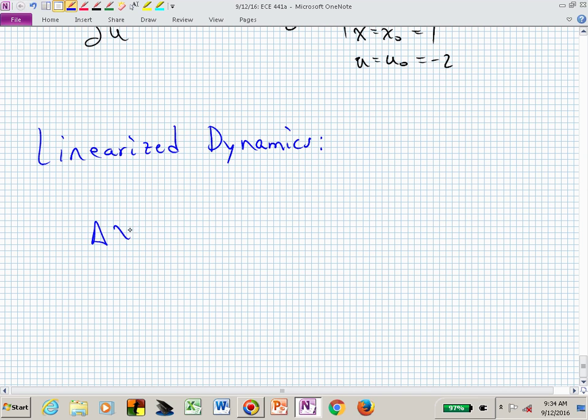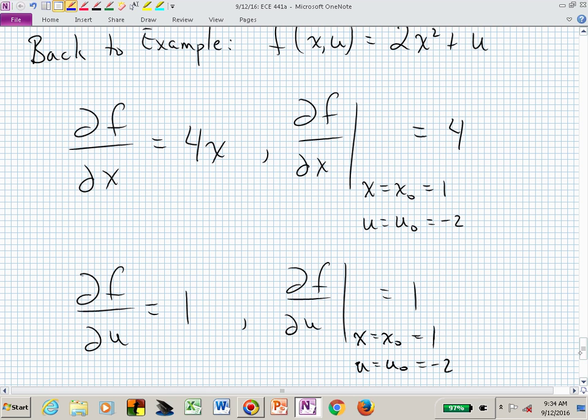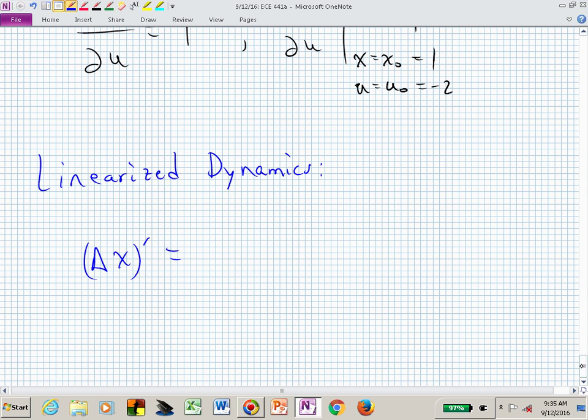We have delta x prime is equal to partial of f with respect to x evaluated at x naught, u naught, and what did we just calculate that to be? Partial of f with respect to x, that was 4, times delta x.